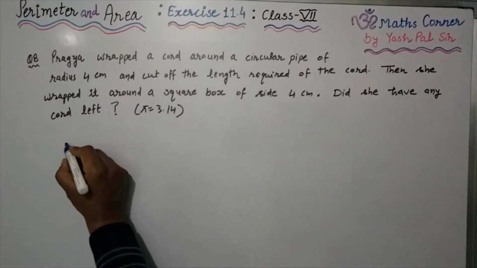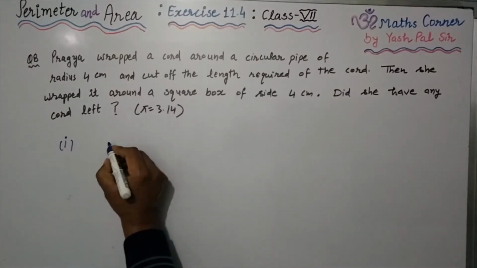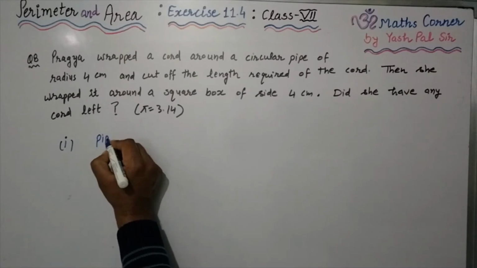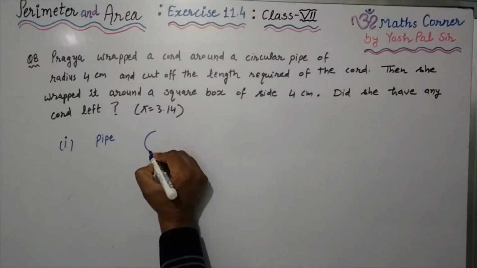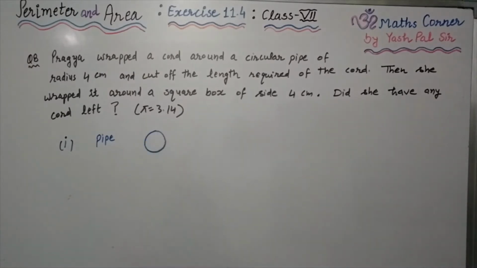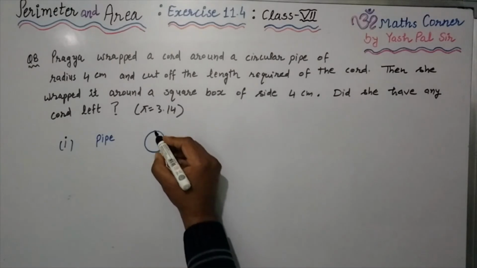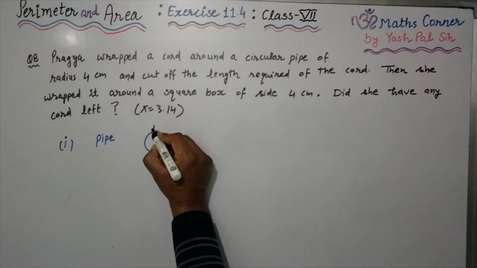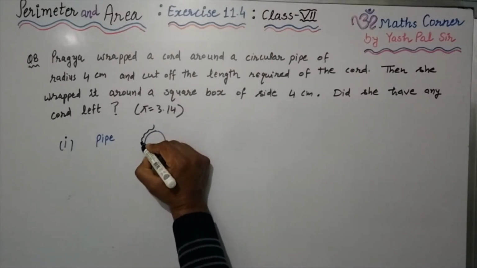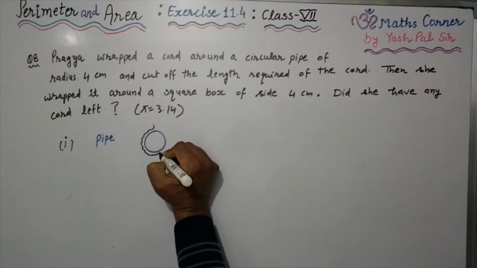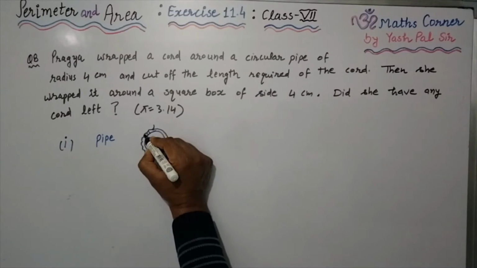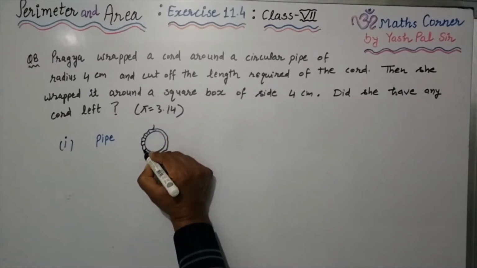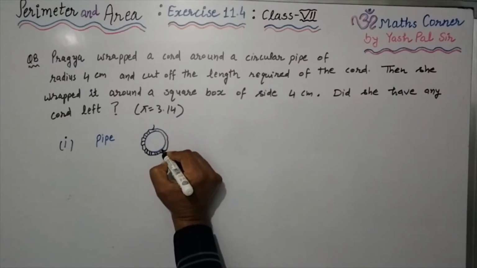So very simple thing. First of all, the pipe. When she wrapped along this circular pipe, we know that the pipe is circular. Suppose she used the cord like this to wrap around the circular pipe.